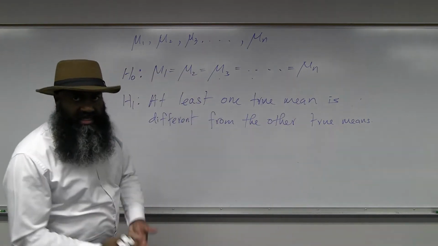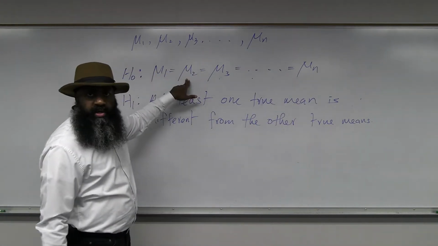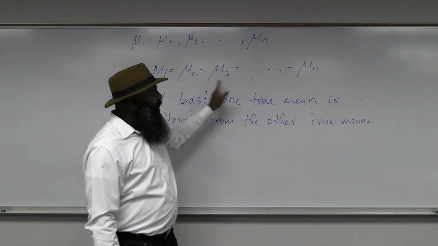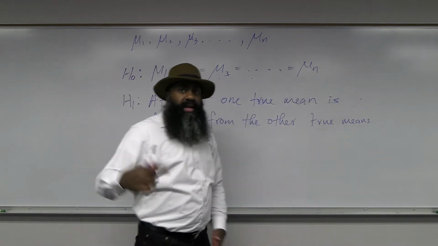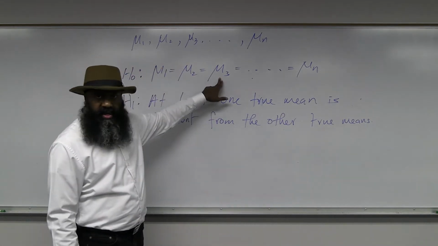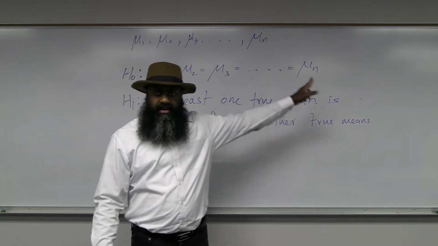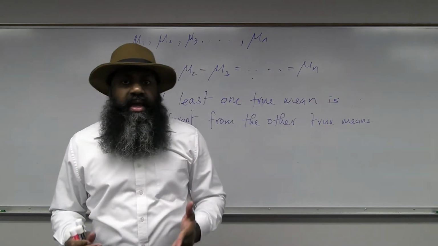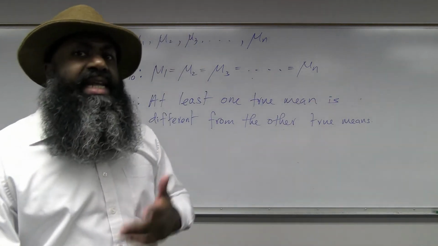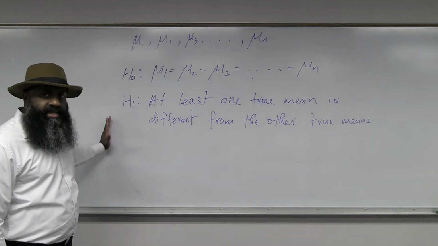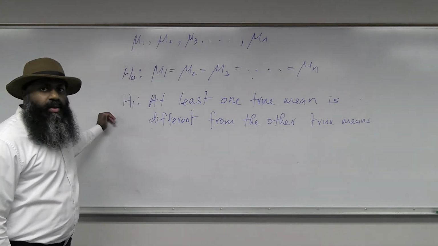And then I can start that process again from mu2. I can compare mu2 and mu3, mu2 and mu4, and I can go up to mu2 and mu_n, and I can start that process again with mu3, compare mu3 and mu4, mu3 and mu5, and so on. So what if I do a collection of 2-sample t-tests instead of performing one hypothesis test for these kinds of null and alternative hypotheses?